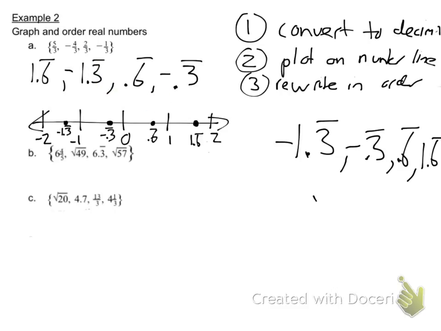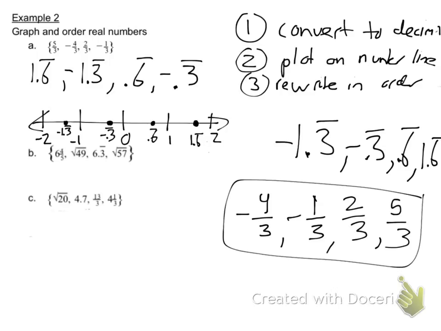So -4/3. -4/3. -0.3 is the last one. So it's a -1/3. And then it goes to 2/3 and 5/3. That is your answer. Convert them back to the original problems.